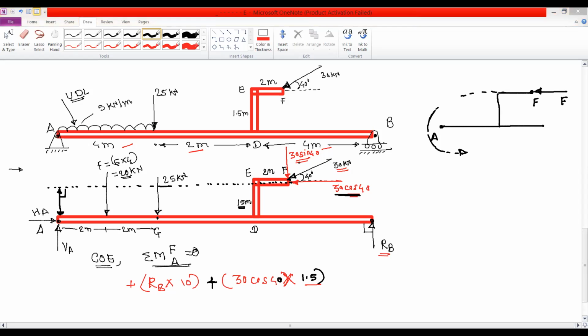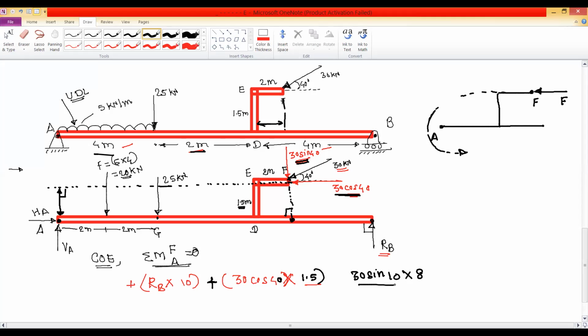Okay, next component is 30 sine 40. So 30 sine 40 into, for 30 sine 40, what is the perpendicular distance? We have to extend this line of action. This distance is nothing but the perpendicular distance from this point up to the point A. So that distance will be 4 meter plus 2 meter plus this 2 meter, so the total distance will be 8 meter.